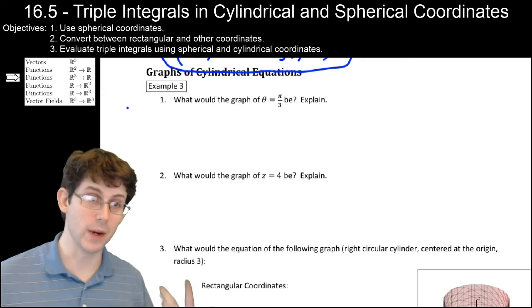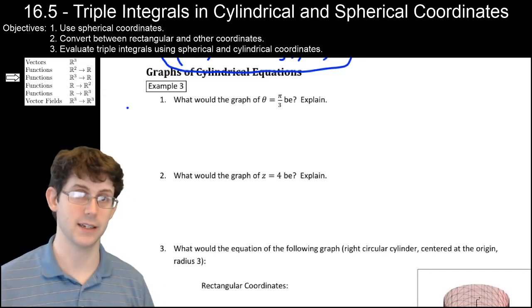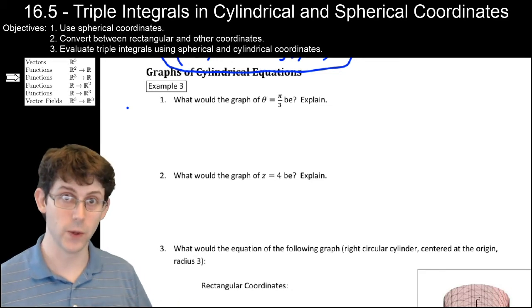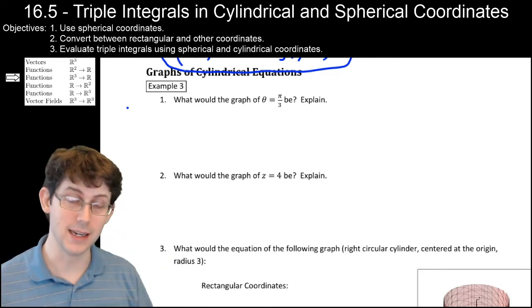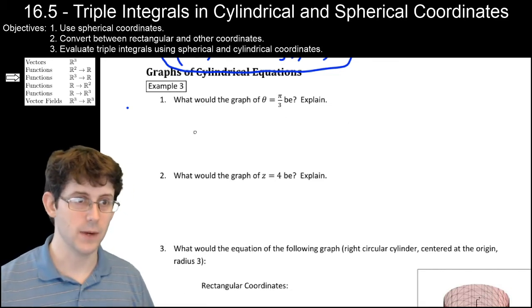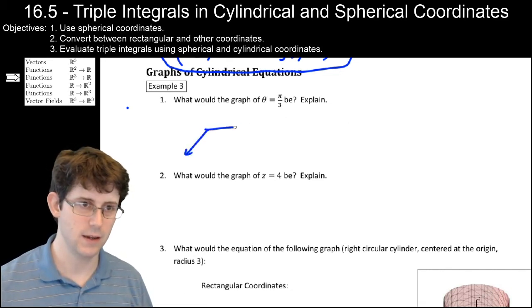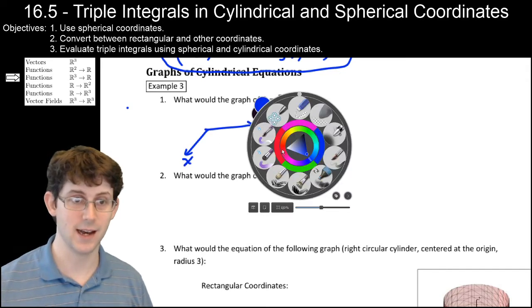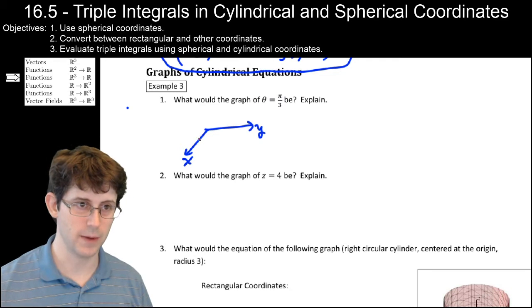Okay, let's see what equations look like when they're in cylindrical coordinates. When they're in rectangular coordinates, say you had y equals 4. Y equals 4 was a plane. But now what's theta equals a number? Okay, well, in the xy plane, theta equals pi over 3 is a line where you go pi over 3 up from the x-axis toward the y-axis.